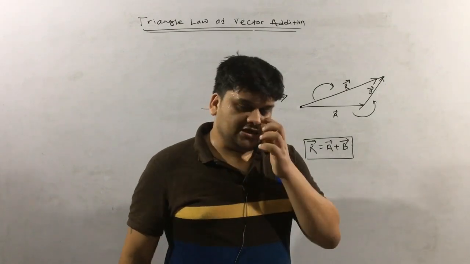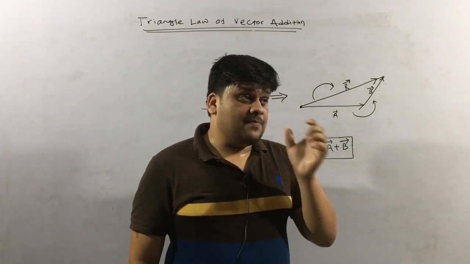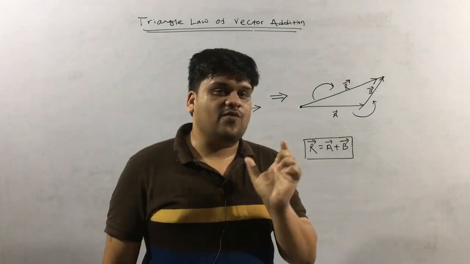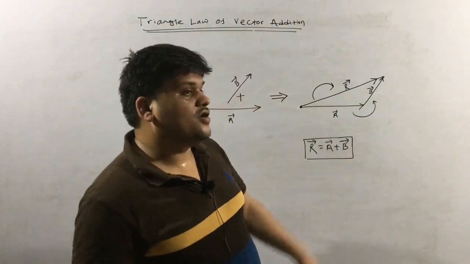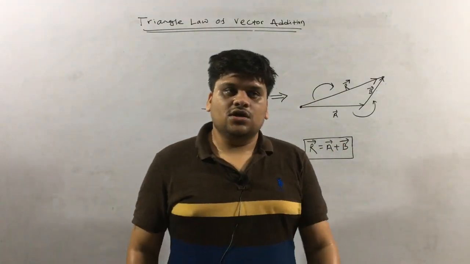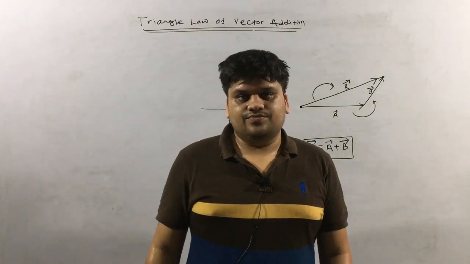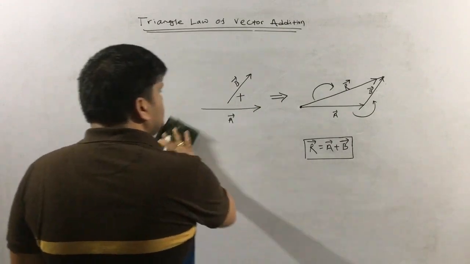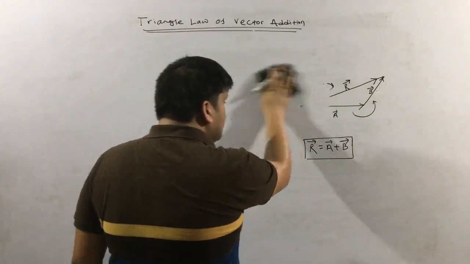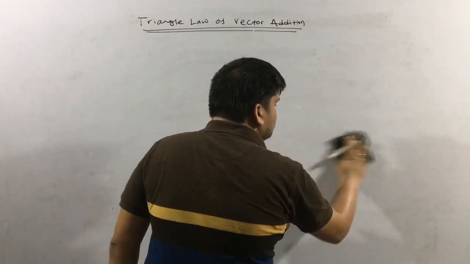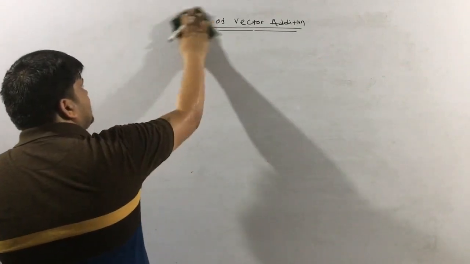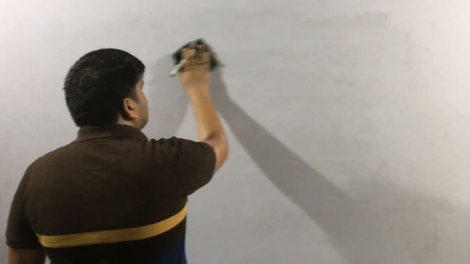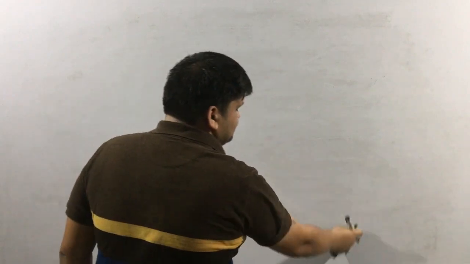That is why we have to derive a method, known as the analytical method, and finally we have to construct a formula from the definition of the triangle law. That we are going to use every time in future. Okay. So now we have to derive the formula for the triangle law of vector addition, or I can say the analytical method of the triangle law of vector addition.